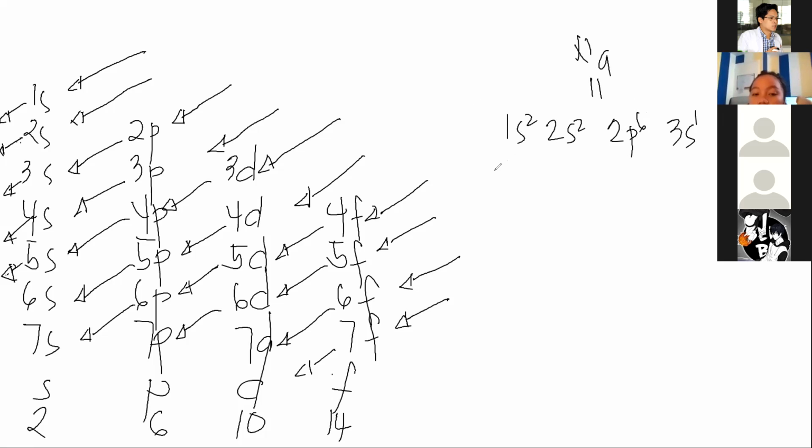Again, in the s subshell, how many orbitals are there? We have 1. S has an orbital of 1.